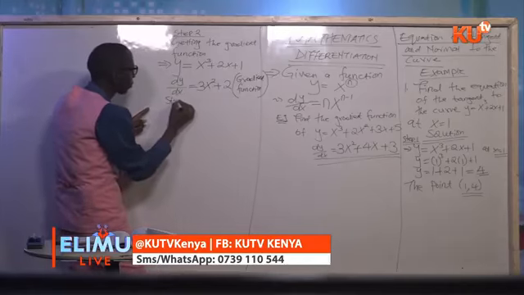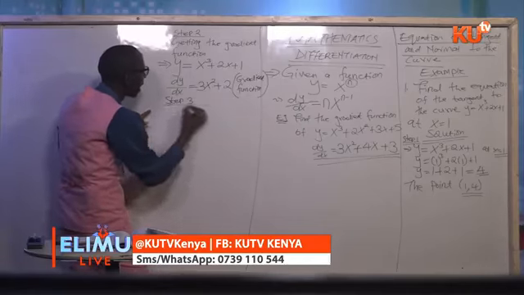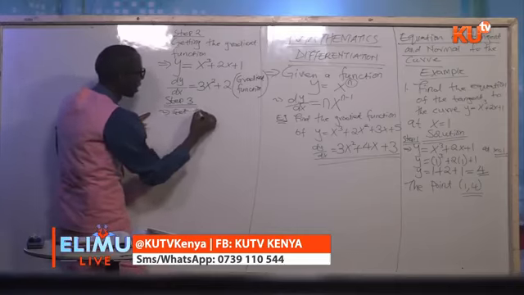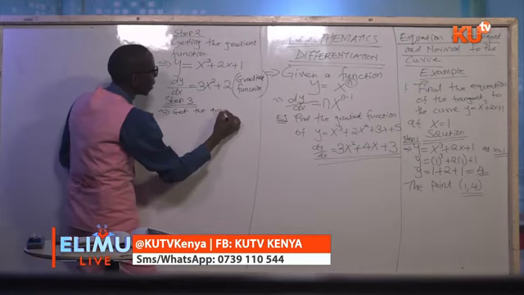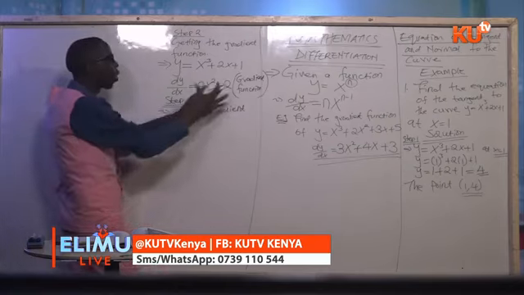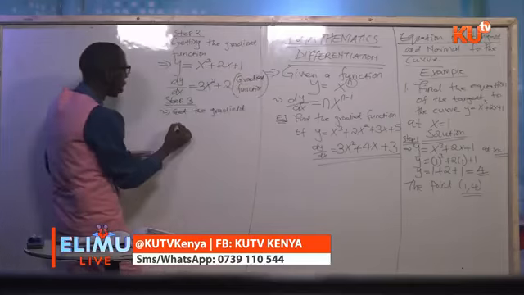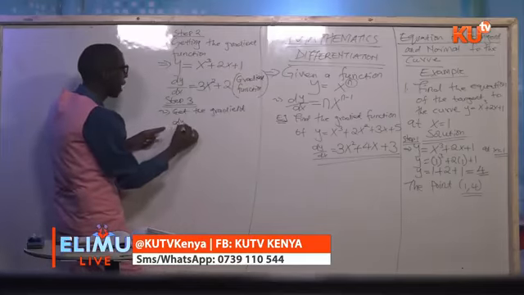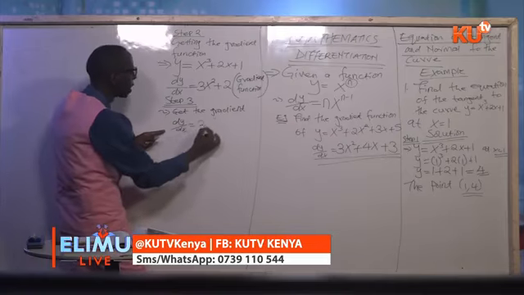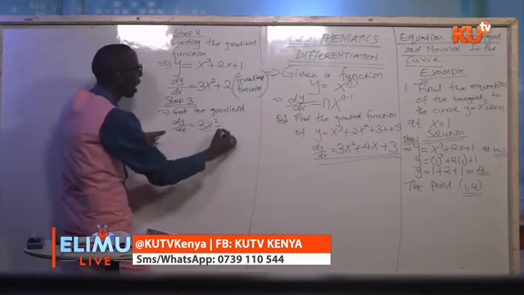Step 3, get the gradient. Now, how do we get the gradient? We already have dy over dx as our gradient function, which is 3x squared plus 2.